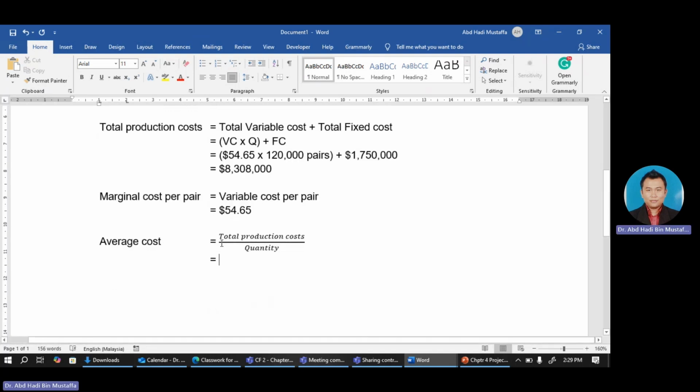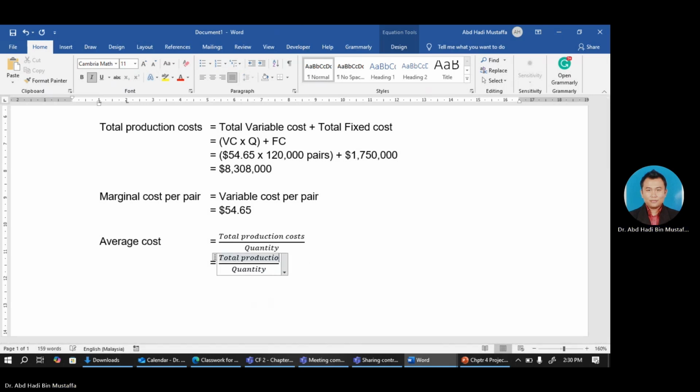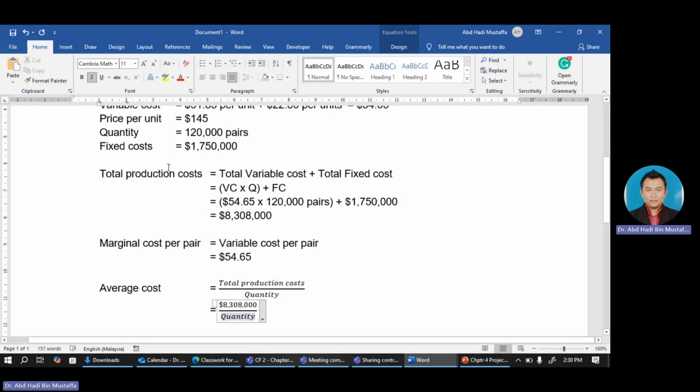Because you already got the total production cost earlier, you just take 8,308,000 divided by the quantity that you declared earlier in the question, 120,000 pairs.